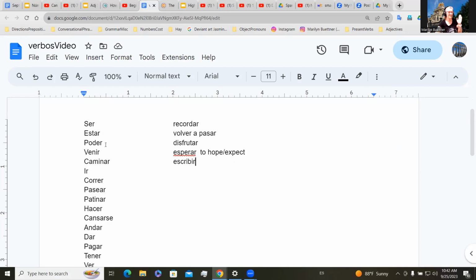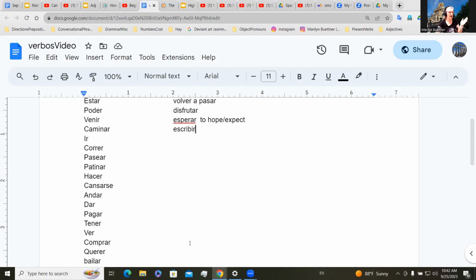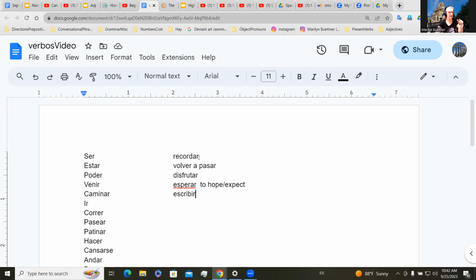Ser, estar, poder, venir, caminar, ir, correr, pasear, patinar, hacer, and that can be used in a bunch of different ways. Cansarse, andar, dar, pagar, tener, ver, comprar, querer, bailar. And then recordar, she used it as a remember this, recuerdan, sí.